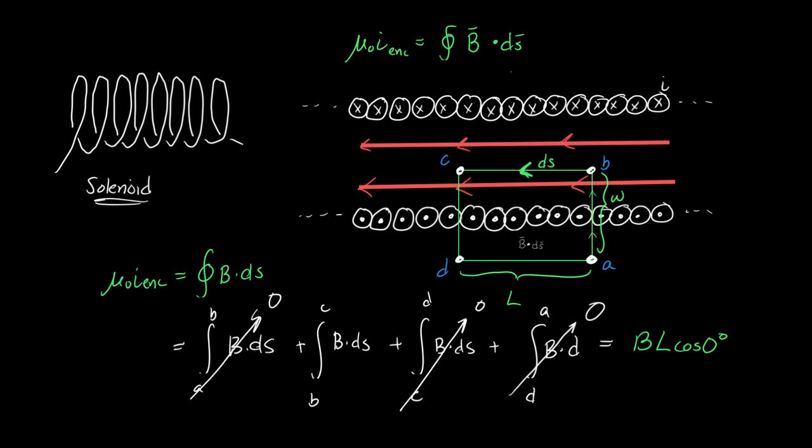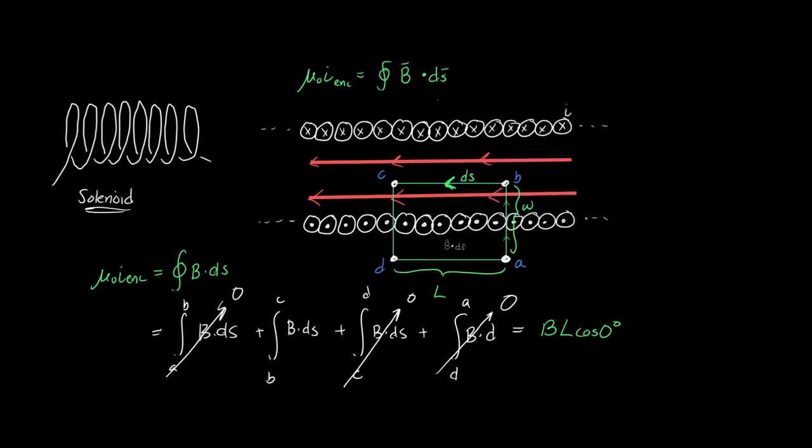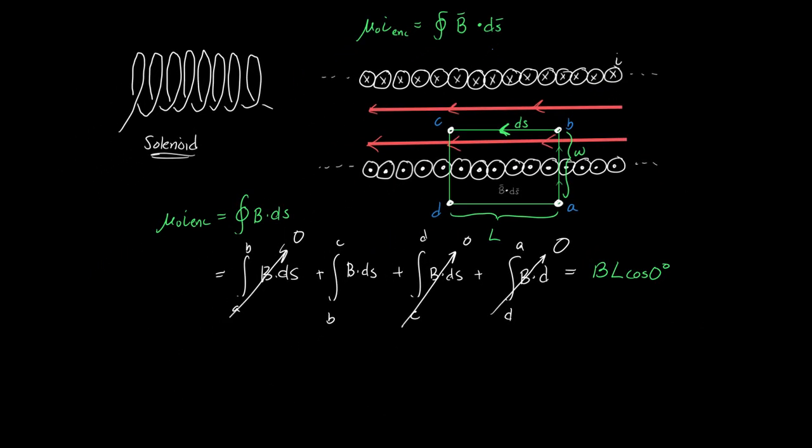All right. So we've done the right side of our Amperian integral, and we have successfully added up all of the B dot ds, the line integral for magnetic field and length. Let's do the left side now. We know this is going to be BL, that's it. Cosine of 0 degrees is just 1. Mu naught I enclosed. I think mu naught goes without saying.